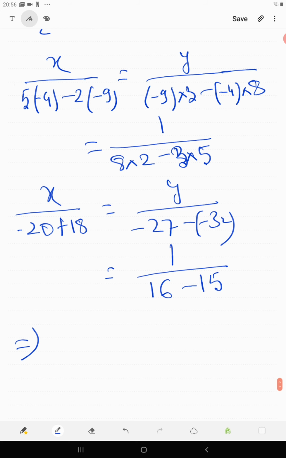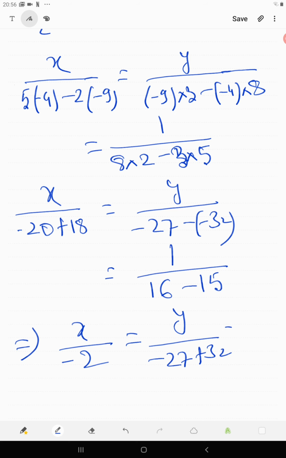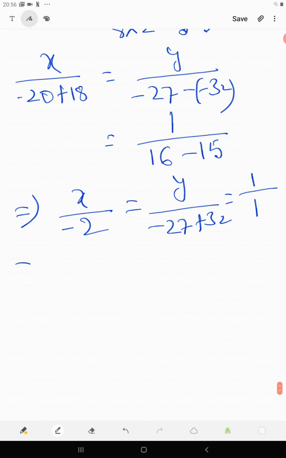So this summarizes x by minus 20 plus 18. 20 is bigger, the sign is negative, so it will be minus 20 plus 18 is minus 2, equals y divided by minus 27 plus 32, equals 1 by 16 minus 15 is 1. What we are getting? x by minus 2 equals y by 5, since 32 is bigger, the sign is positive, 32 minus 27 is 5, equals 1.